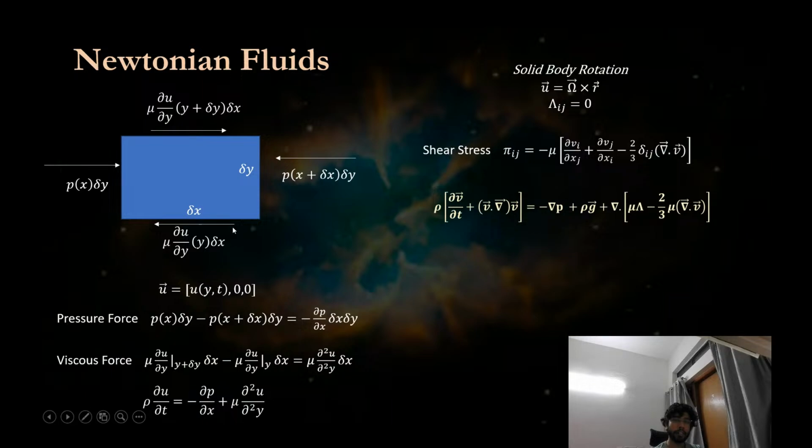So to understand how viscosity plays a role, and how it manifests in producing a force on the fluid, we can think of this block as having a velocity structure which follows this kind of relation. So u is dependent on y, where y is this vertical direction, and t, of course, and the y and z components of u are 0.